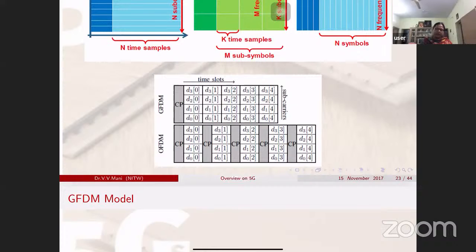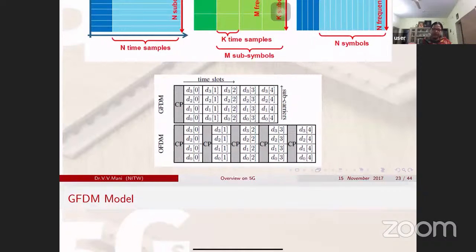Now GFDM. What is GFDM taking? At the 0th time instant, I take 4 instances of my data, D0 to D3. At the first instant, I take D0 to D3. At the second instant, I take D0 to D3.